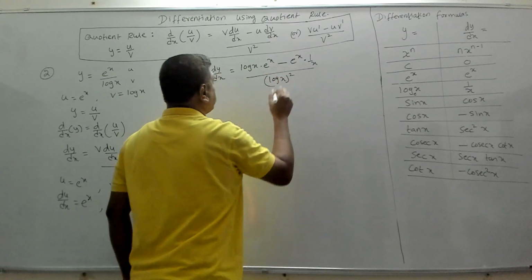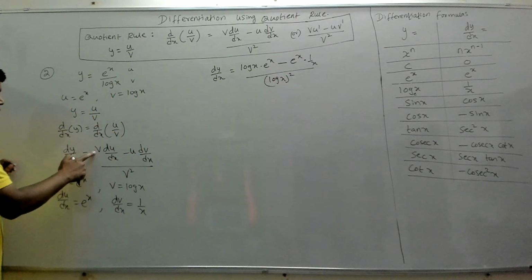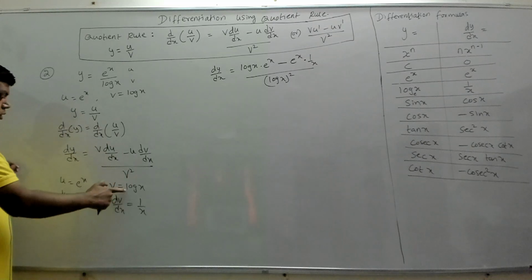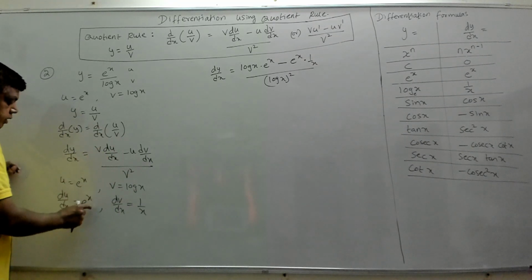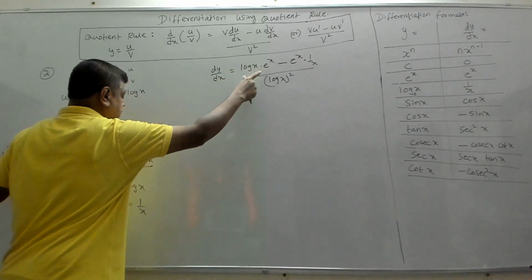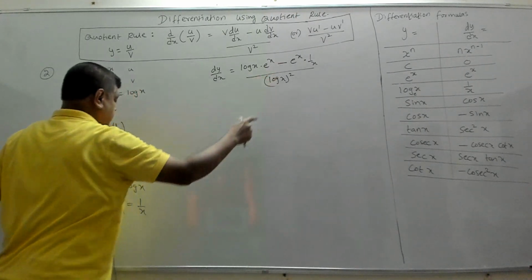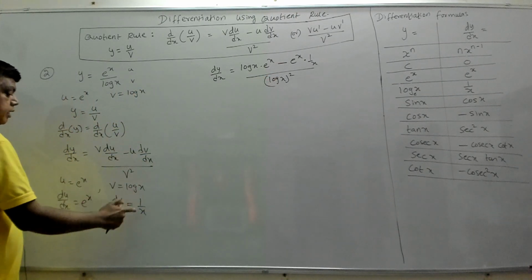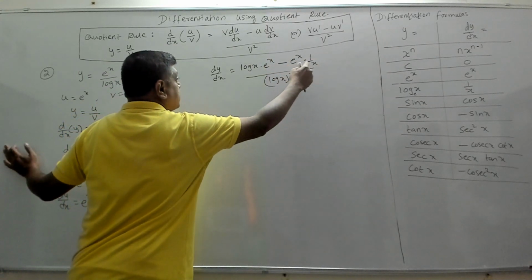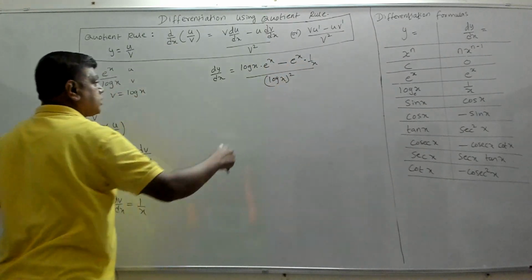So we got log x e power x, then minus u, which is e power x, into dv by dx, which is 1 by x, so e power x into 1 by x, by log x the whole square, which is v square.